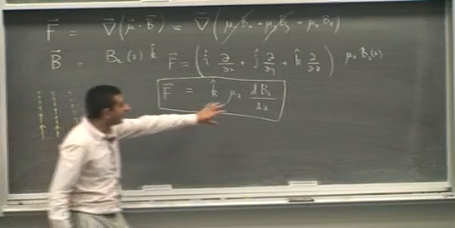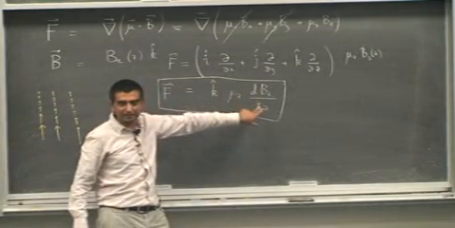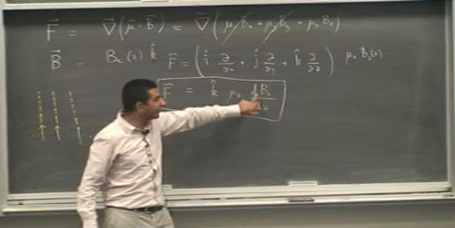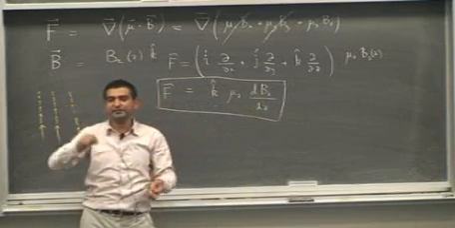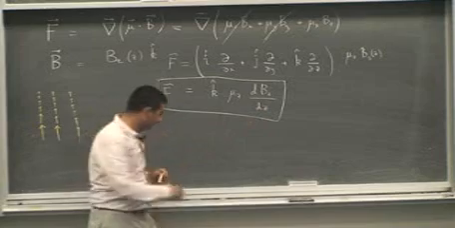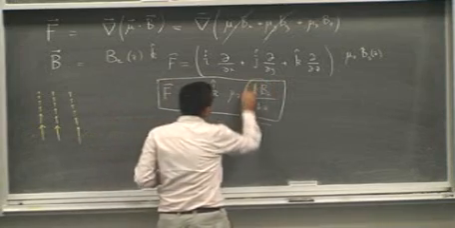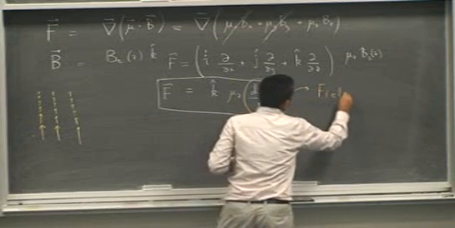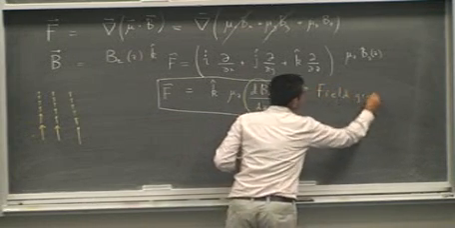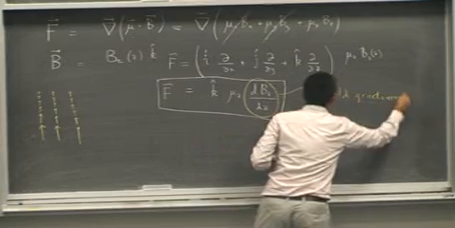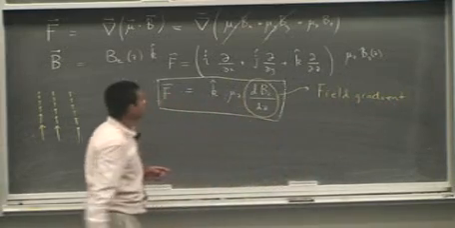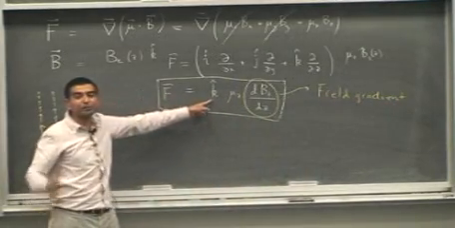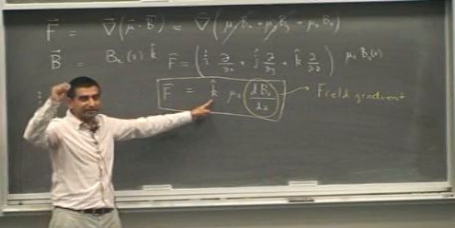So this is the gradient of the field. Gradient means the variation of the field with respect to a space coordinate. This is the field gradient. And the force is pointing along the z direction.